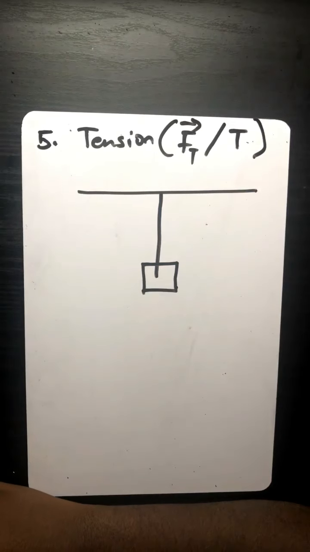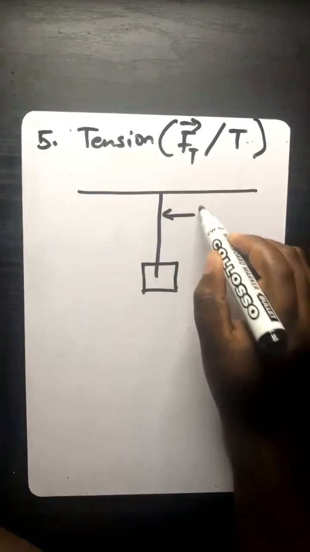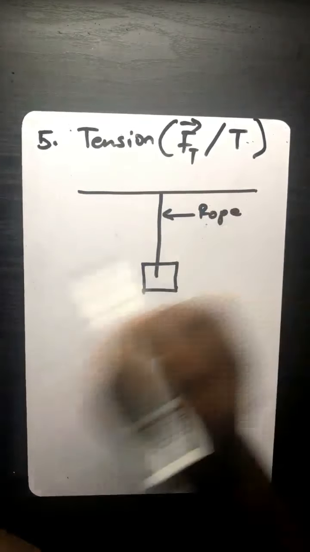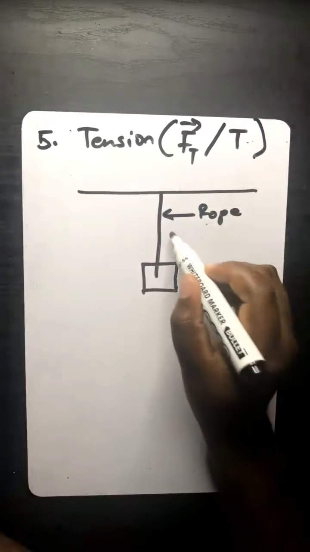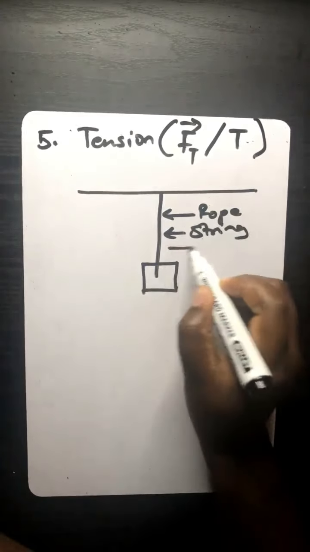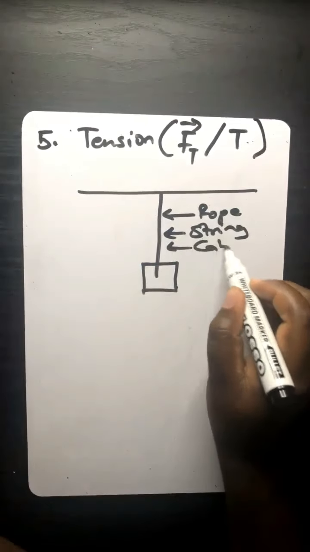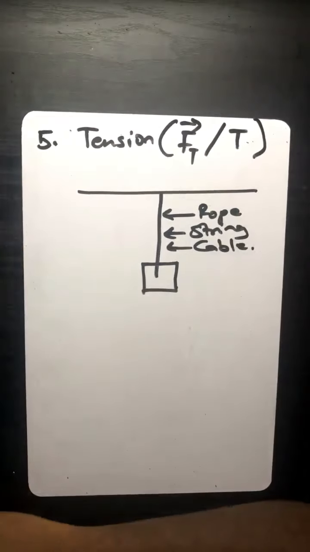This object is being pulled by, in physical sciences, they can say a rope of negligible mass. Otherwise, they can say a string. So just be careful of the type of words they normally use in physical sciences. Otherwise, they could say it's a cable.